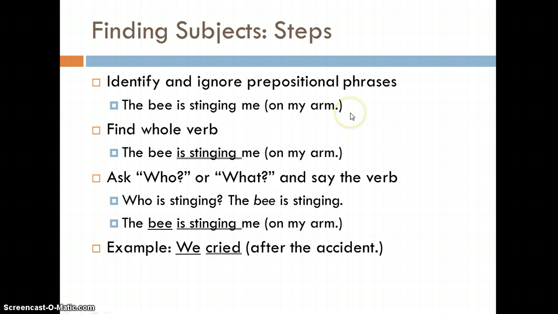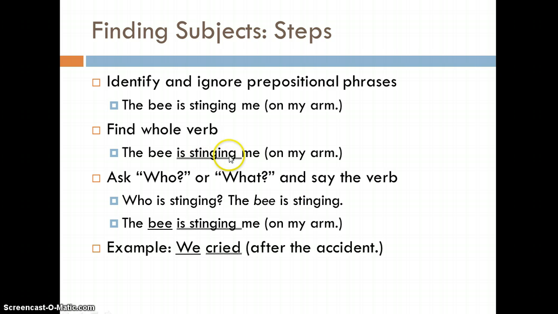For example, if we have this sentence, "The bee is stinging me on my arm," on my arm is a prepositional phrase, so we can just ignore it. Next, we're going to find the whole verb. So what is the action that's happening in this sentence? Is stinging is our whole verb.